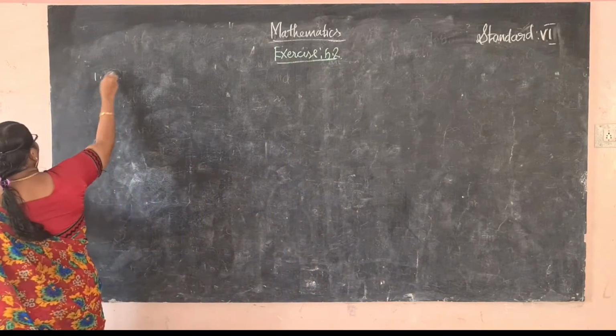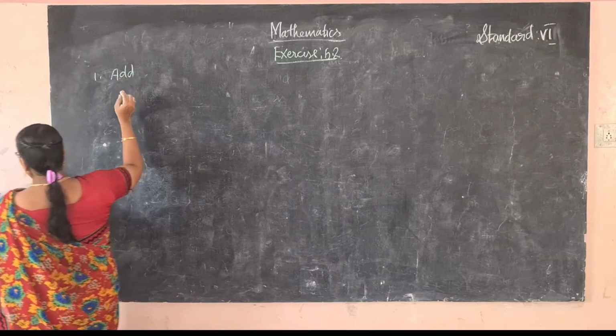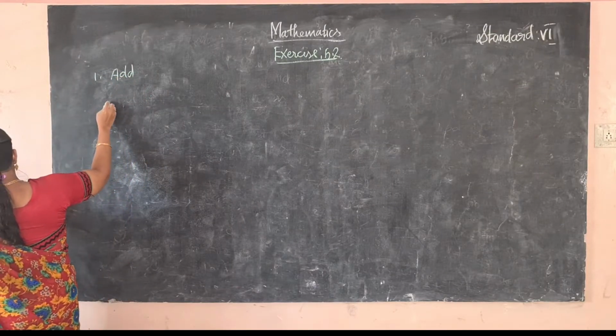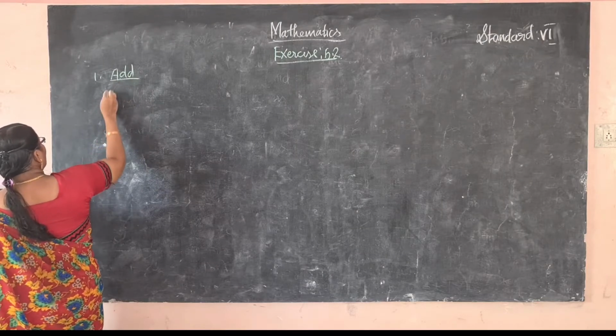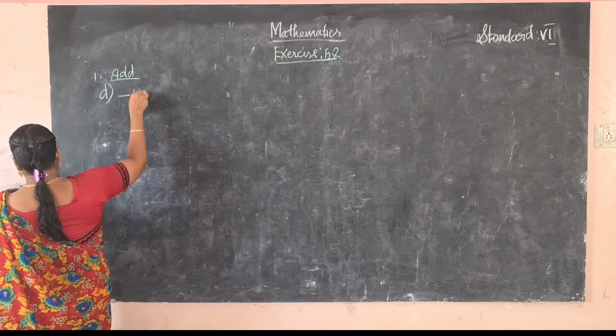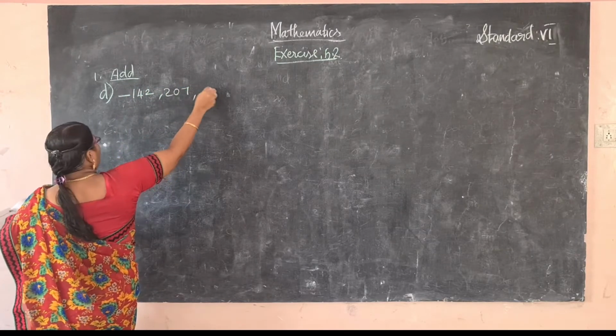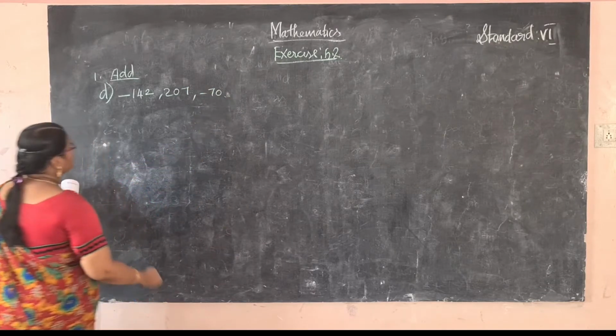First one, add. The easiest problem, you do the D problem: minus 142, 207 and minus 70 is given.